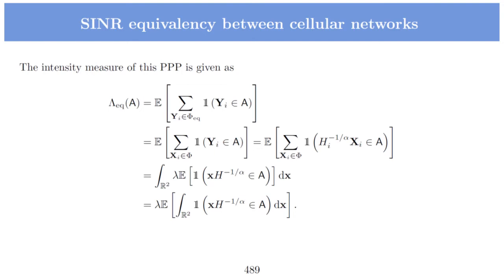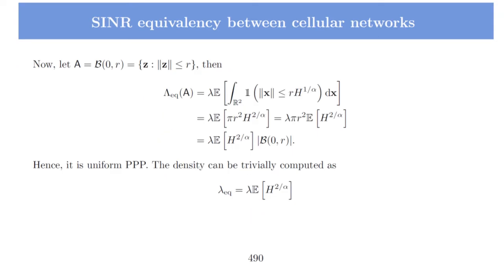Now, because of the linear operation, I can take the expectation outside the integration, and it will become lambda times the expectation of the integration of the indicator that h to the power minus 1 upon alpha x belongs to A, dx. To simplify further, we will take A as a ball of radius r at the origin. So the indicator that any point y belongs to A is the same as saying that the norm of y is less than r, if A is a ball of radius r at 0.